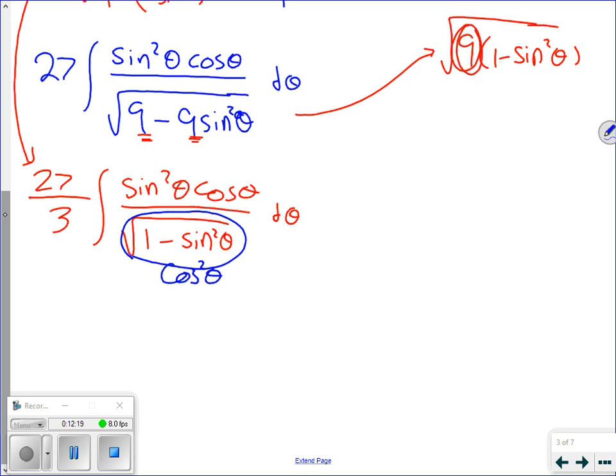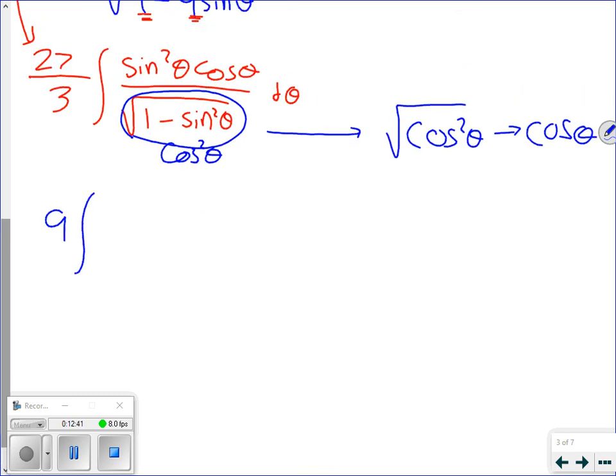So we're left with, I'm going to write it over here for sake of space, the square root of cosine squared theta, which is equal to cosine of theta, right? The square root of something squared is cosine. So the beauty of this is, I'm going to write this as another step.